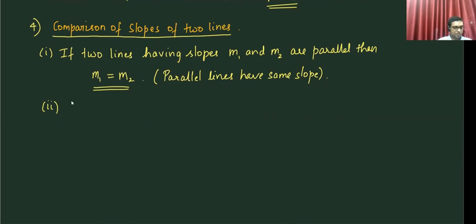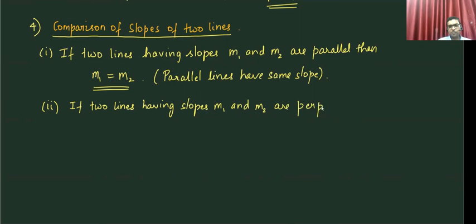Now, if two lines having slopes or gradients m1 and m2 are perpendicular, then the product of slopes will be equal to -1.